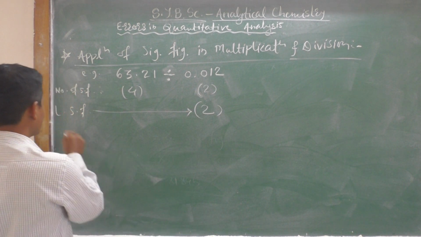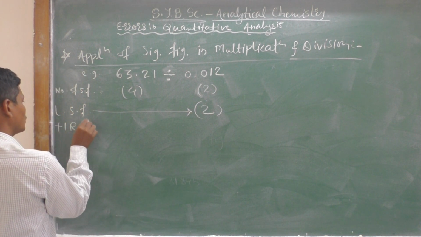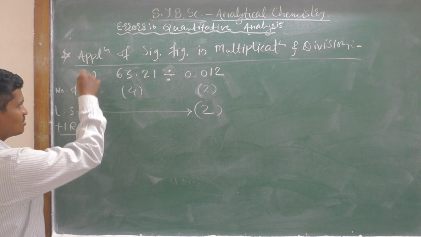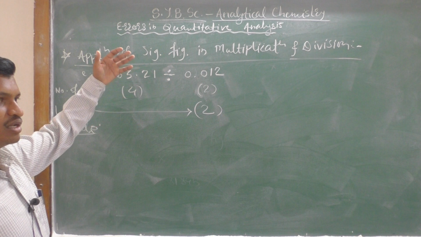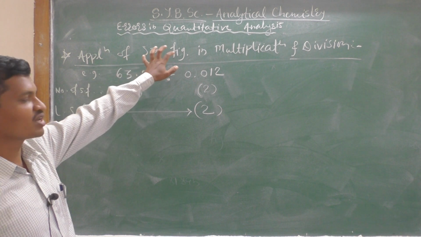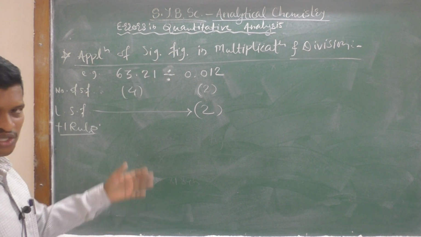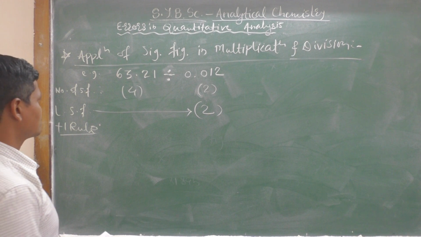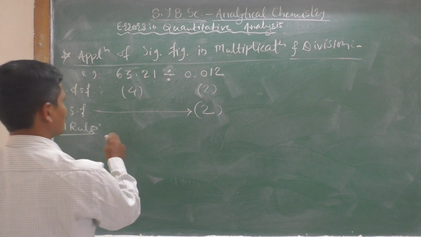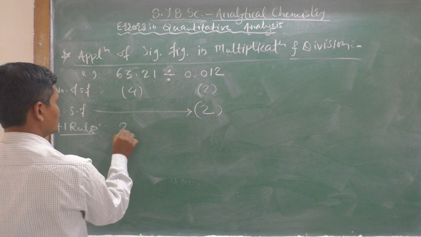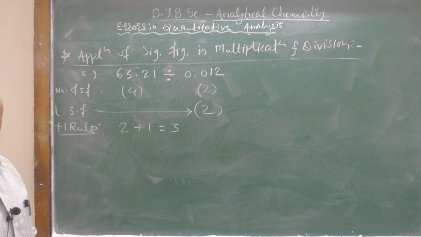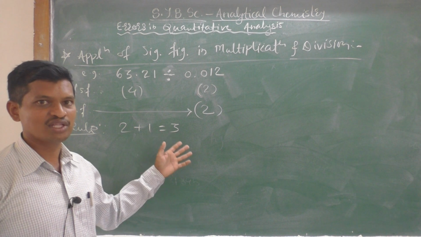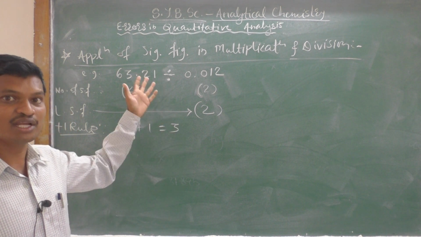Now what is the rule? Plus 1 rule. This is the systematic way to solve the numerical problems based on this concept of significant figures. Okay, this is not given in your text. Plus 1 rule. So what is the least figure? 2 plus 1 is equal to 3. So only 3 significant figures are allowed in your calculation for the remaining numbers.